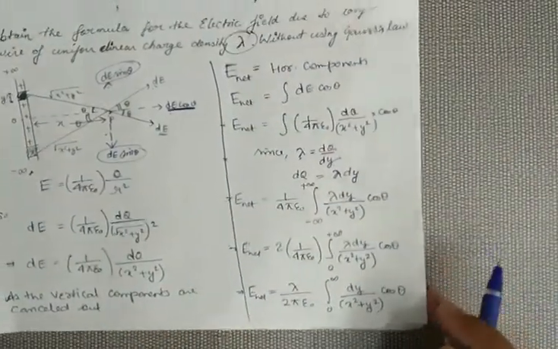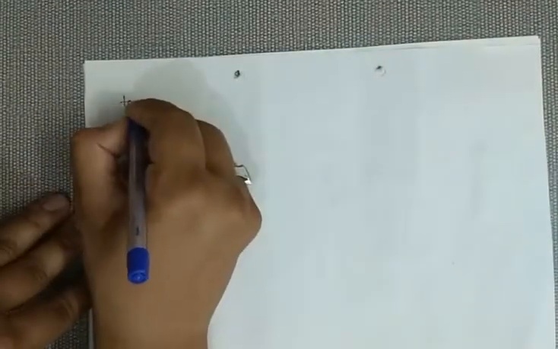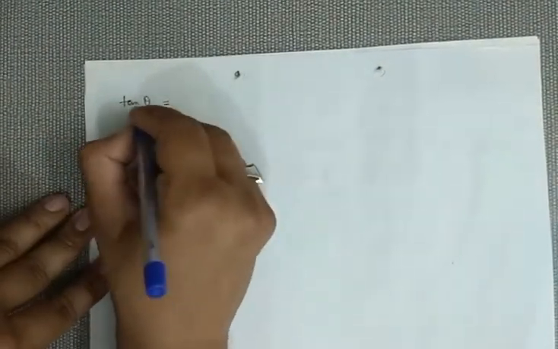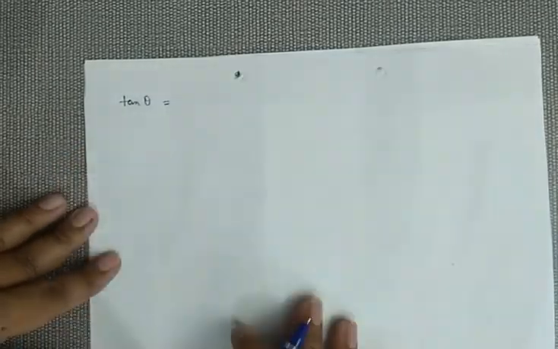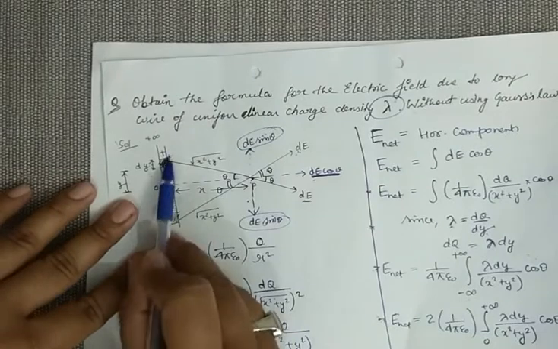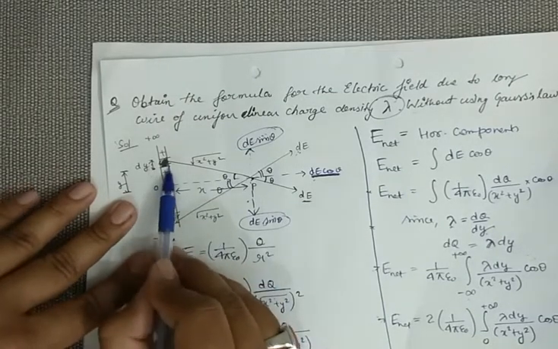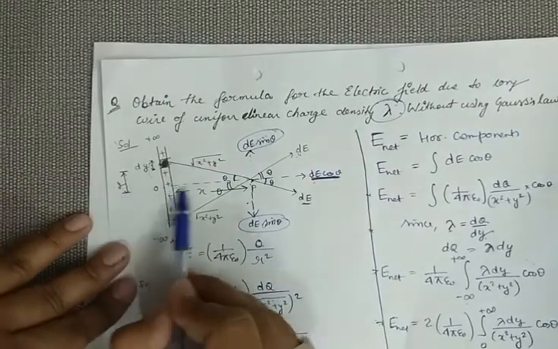So moving forward, if we take tan theta, this tan theta is considered from the triangle. If you look at this triangle, if we take this theta, tan theta is perpendicular upon base. This perpendicular distance is y and the base is x.